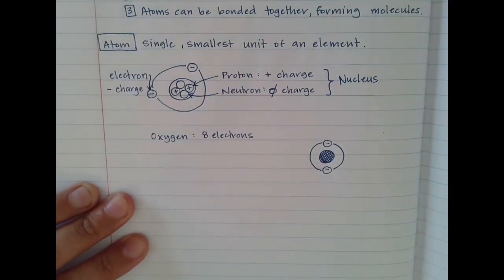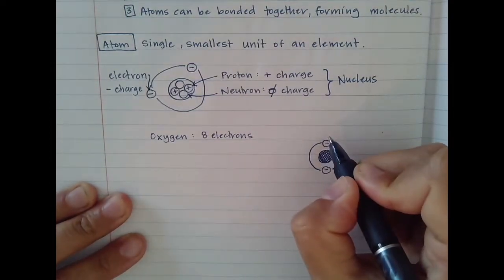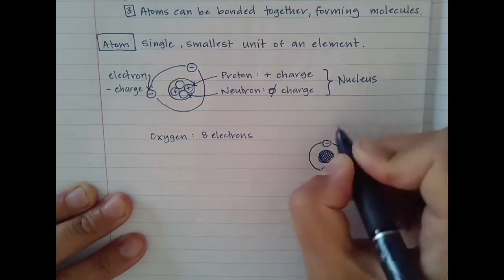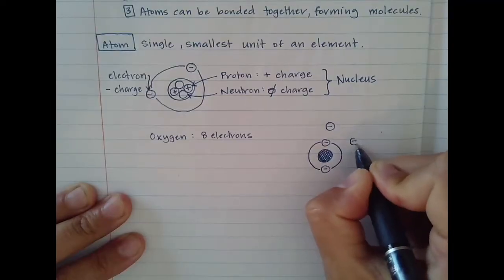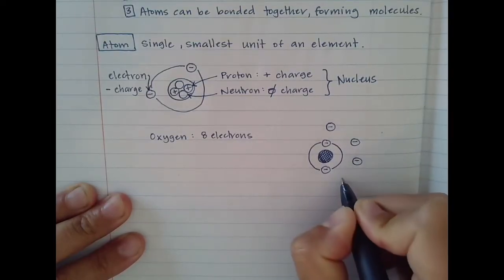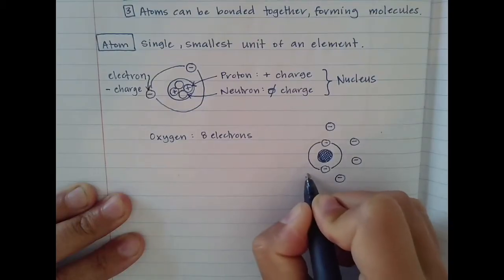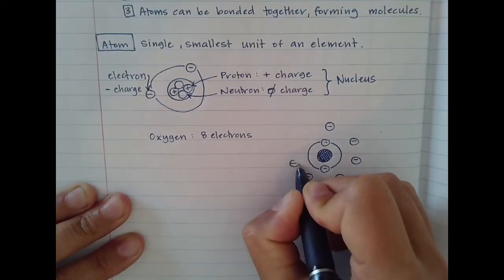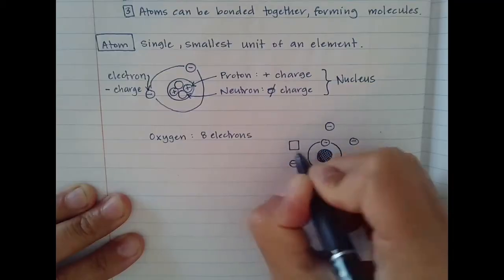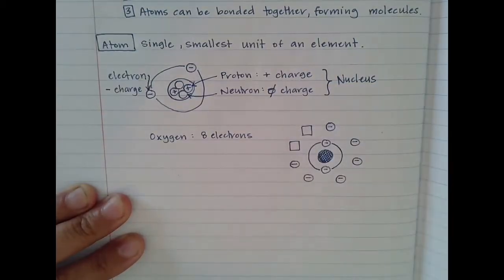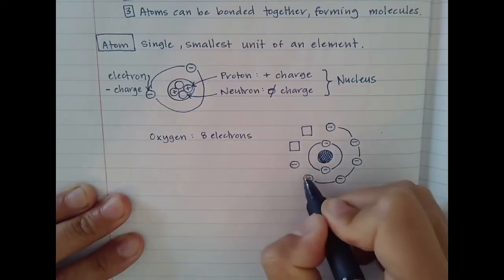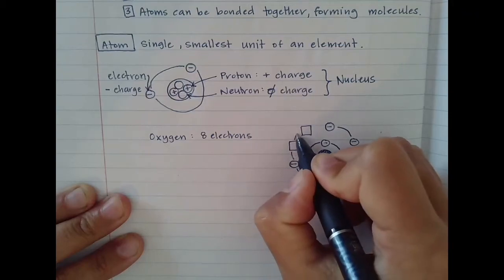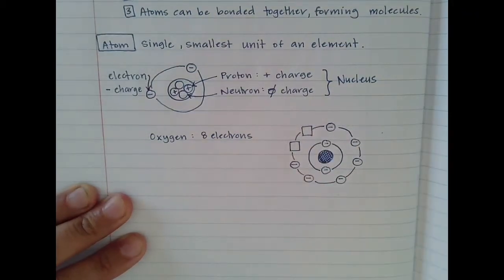And then I've got space for 8 electrons in the second shell, but I don't have 8 electrons. I have 8 electrons total, but I've already used 2 of them. So let's go ahead and add in our remaining 6 electrons: 2, 3, 4, 5, 6. Now there are 2 spaces where there could be electrons, but there are not, because oxygen just doesn't have that many electrons to split up.